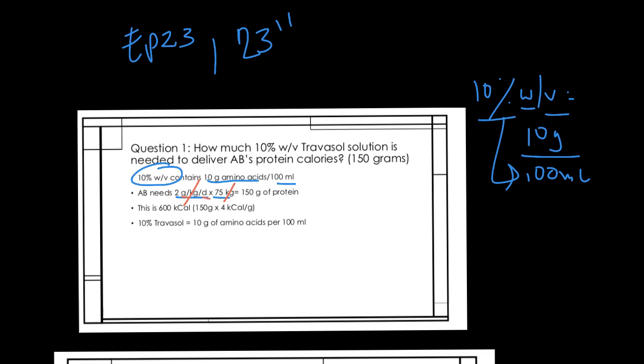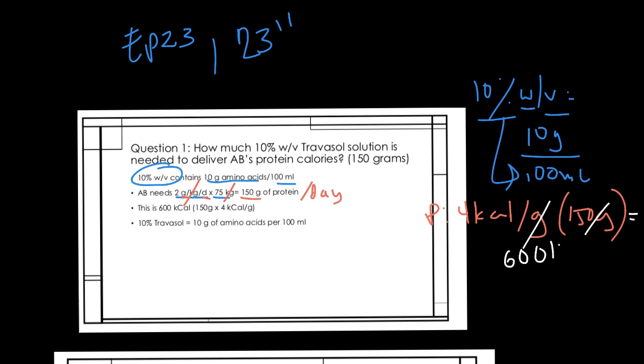So she needs 2 times 75, which is 150 grams of protein per day. So we know that proteins contribute 4 kcals per gram. So she needs 150 grams times 4 kcals, the grams cancel, and that gives you 600 kcals.